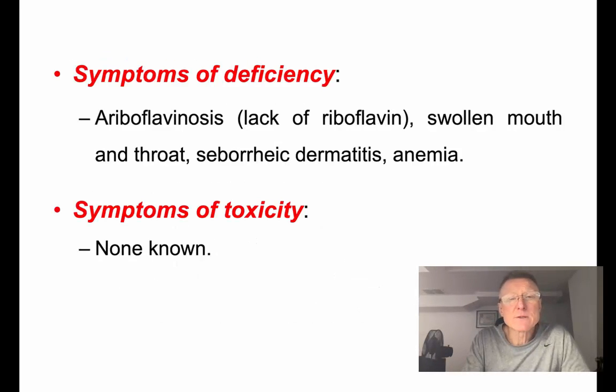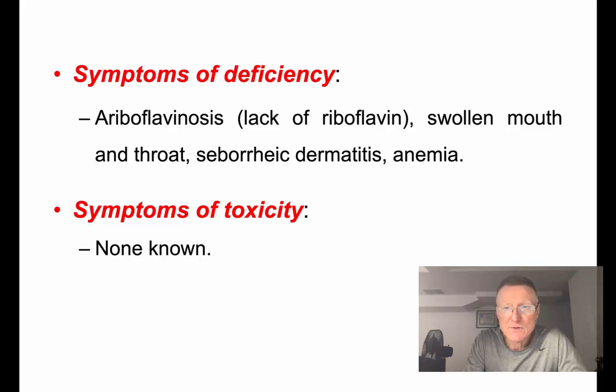So what are the symptoms of deficiency? It's not common again, but in case it happens, it's called riboflavinosis, or lack of riboflavin. So you see swollen mouth and throat, seborrheic dermatitis, and anemia.